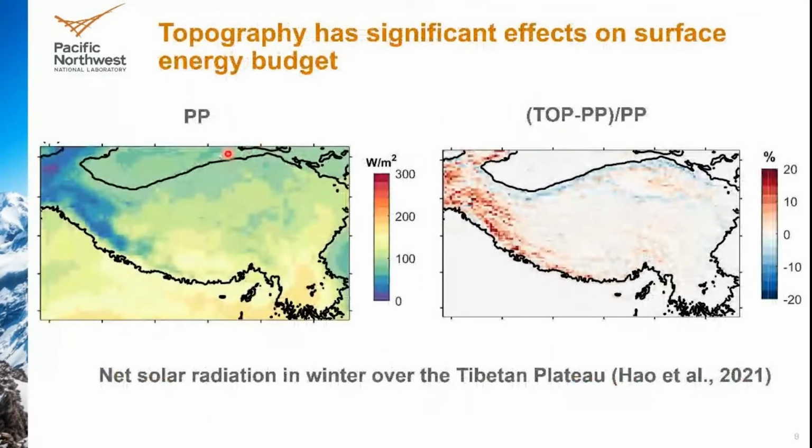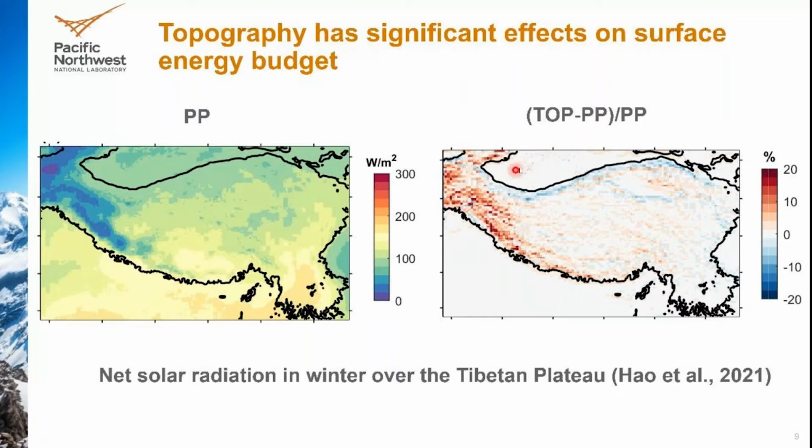Then we use the original PP scheme and the improved TOP scheme to test how the topography can affect the surface energy budget. This figure shows the net solar radiation distribution for PP. That figure shows the relative difference between TOP and PP.